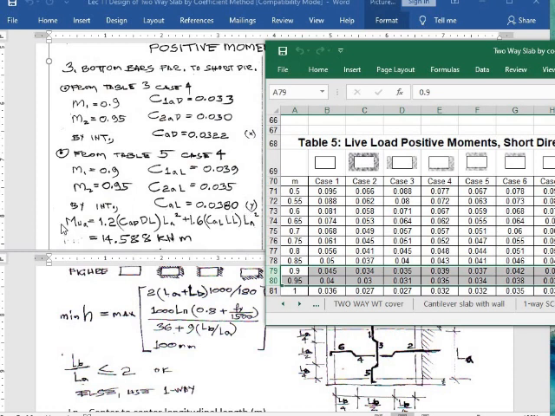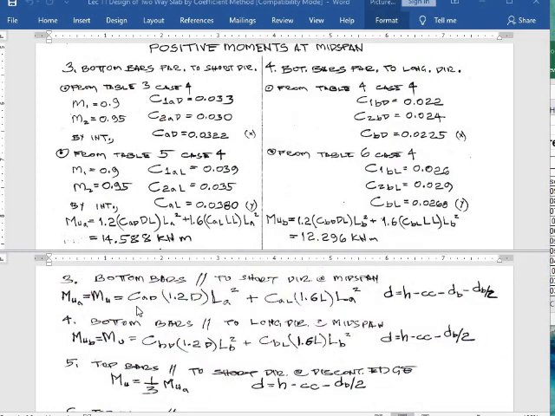And then, this will be our equation for moment, which is equal to CAD times 1.2 dead times LA squared plus CAL times 1.6 live times LA squared. Wherein your effective depth d is equal to h minus clear cover minus diameter of bar, dB, all over 2.